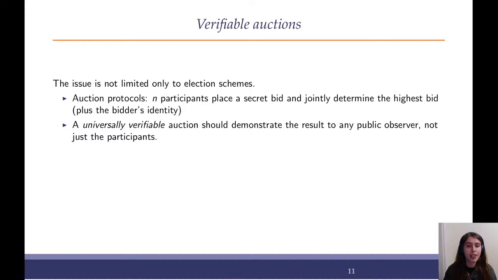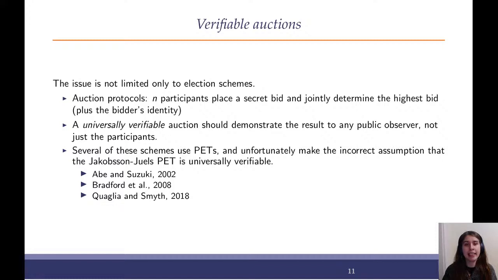Now, we can think of two models. Either each of the participants in the auction should be confident that the outcome is correct, or we can assume this stronger property of universal verifiability, where not only the participants in the auction can be confident of the result, but so can any public observer watching the auction unfold.